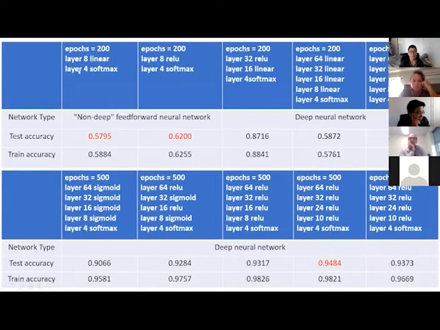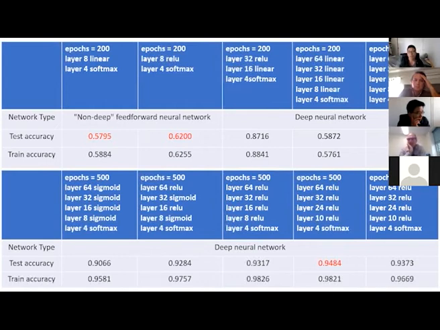The last layer, I always use softmax as my output activation function. The results show linear function is not good because the gradient of linear function is always the same, and the test accuracy is only 57%.